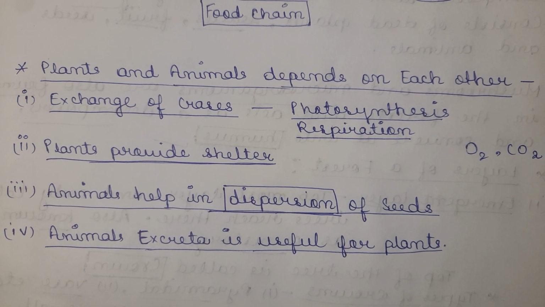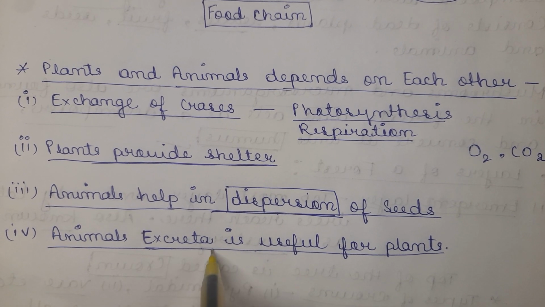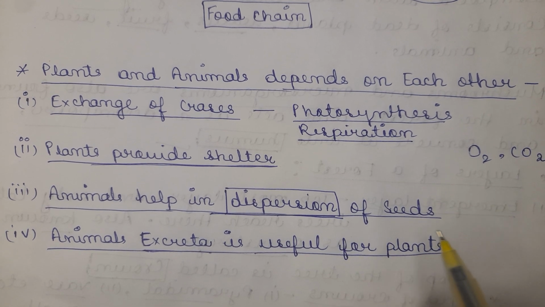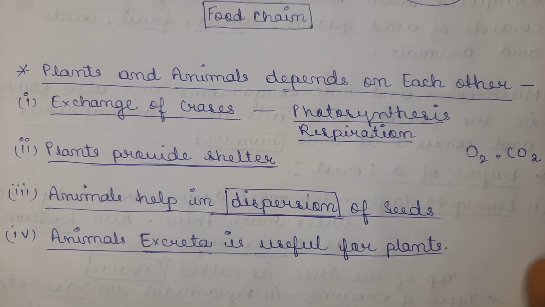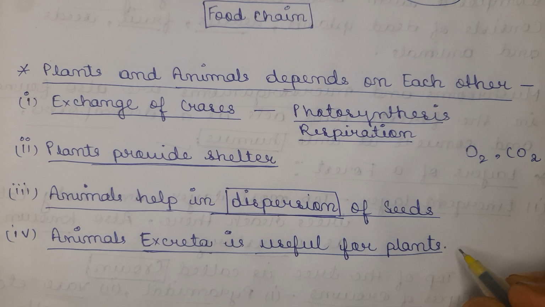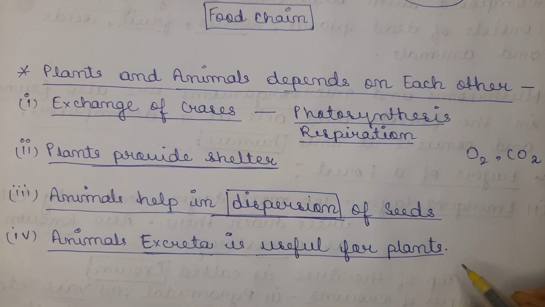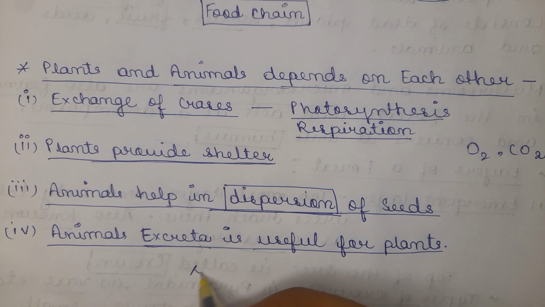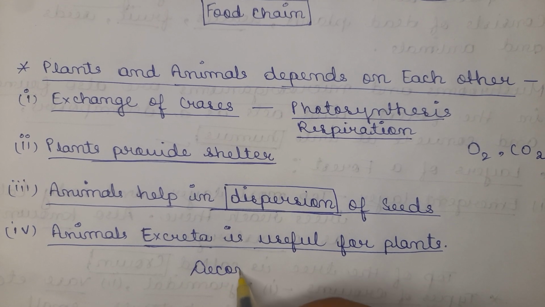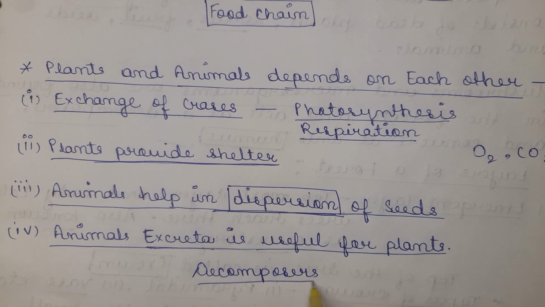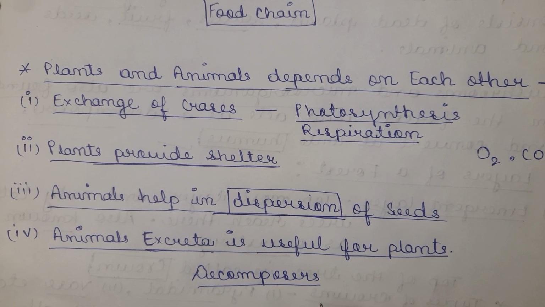Now the fourth point, that animal excreta, or we can say the droppings, are also important for the plants. They are basically a rich source of proteins, and that enables the plant to grow and flourish. Now the role of the decomposer. Basically we all know that decomposers are those organisms which decompose the dead and decaying parts of the plants or the animals.